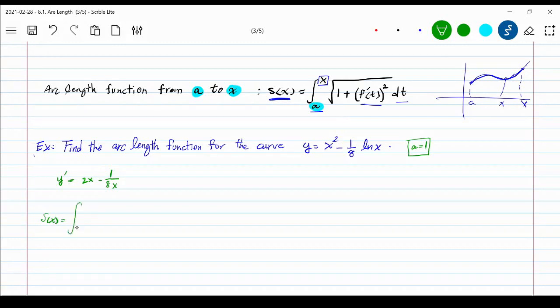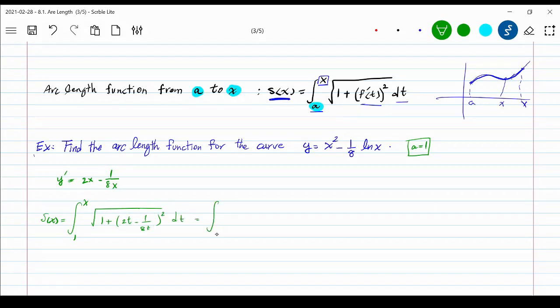I'm going to write the integral from 1 to x of the square root of 1 plus the derivative squared, but the derivative we should represent in terms of another variable, not x. So I'll write it as 2t minus 1 over 8t, squared, dt.